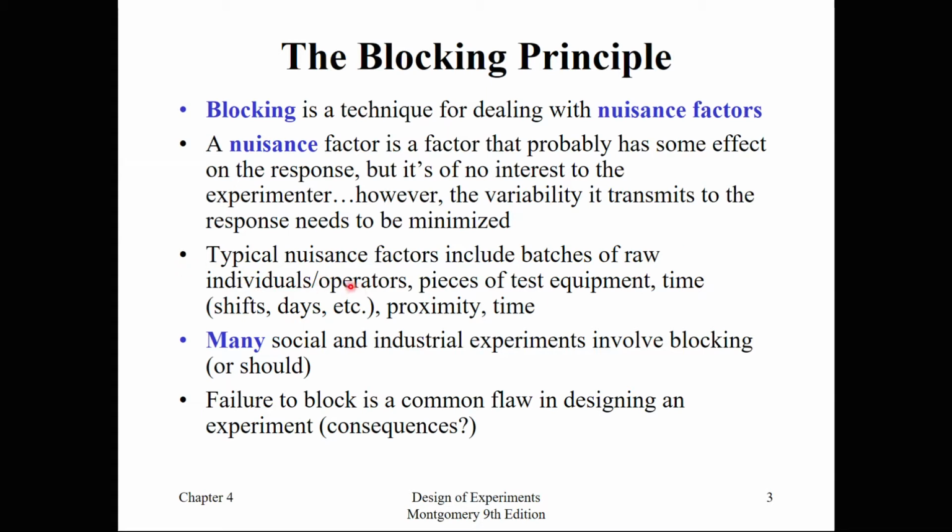So what we commonly block by is we say, okay, well, if Susie's going to be running these three tests and Tommy's going to be running those three tests, then we want to account for the fact that Susie's running these, Tommy's running those. So accounting for individual is a very, very common type of nuisance factor that we want to account for, because usually I don't really care about the difference between Susie and Tommy. I'm just trying to study the underlying thing that they're doing, and I just need to account for the fact that they are both different.